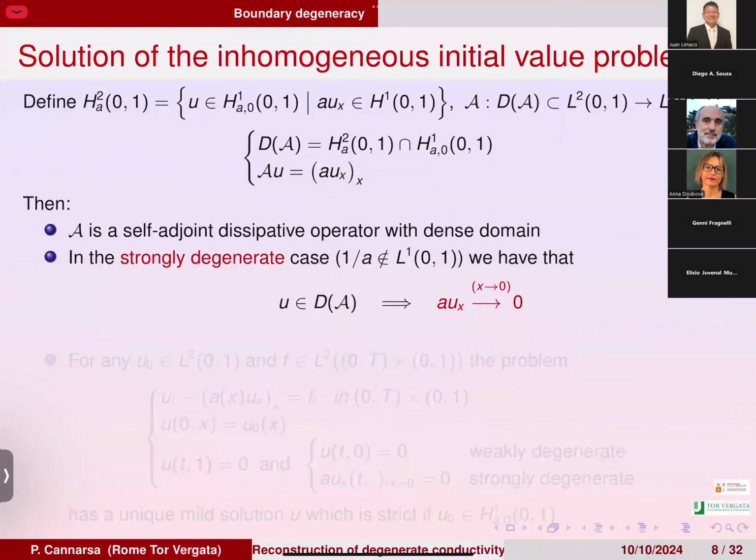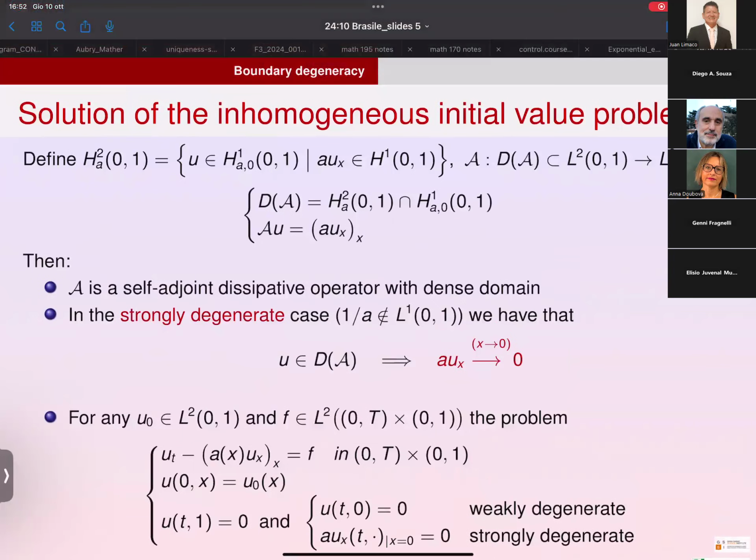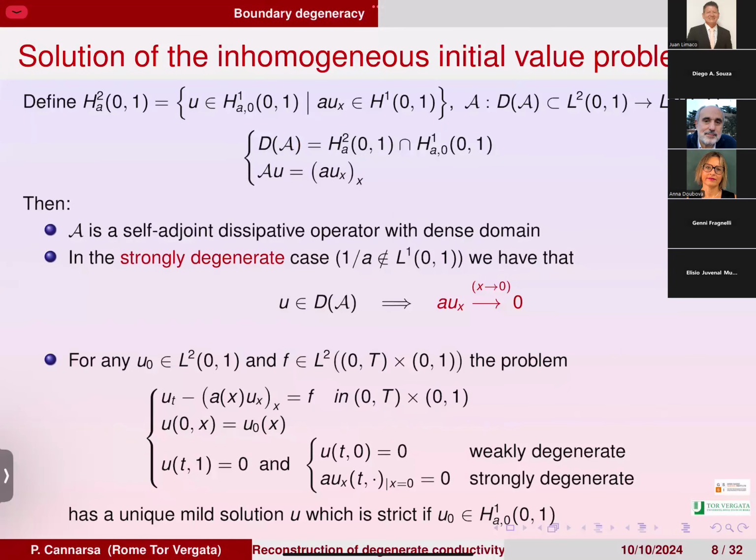And so, just by using semigroup theory, one can solve the initial value problem, the Cauchy problem, for a forcing term in L2, taking at 0, the degenerate part of the boundary, either a classical condition like Dirichlet in the weak case, or this Neumann boundary condition in the strong case.